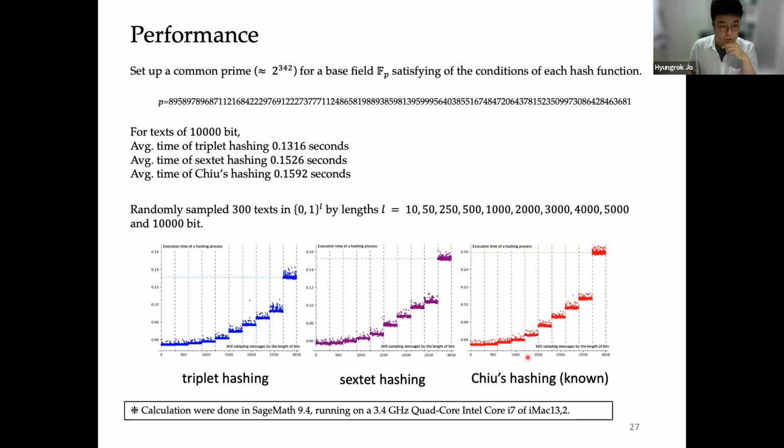We randomly sample 300 texts of length L, which is 10,000 bits. For hashing a text of 10,000 bits, the average time of triplet is the fastest, sextet is next, and the other is slowest.